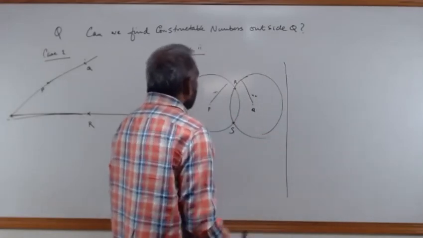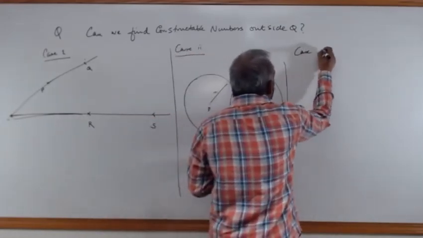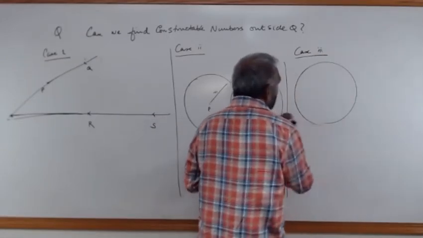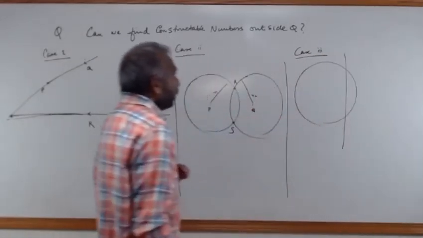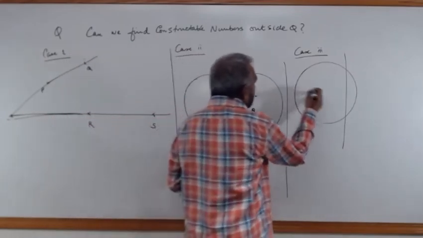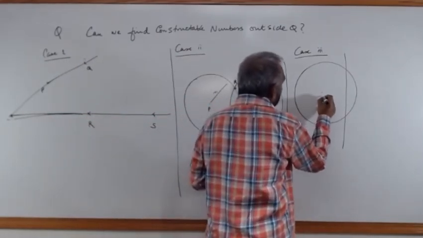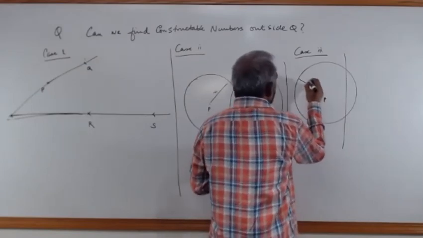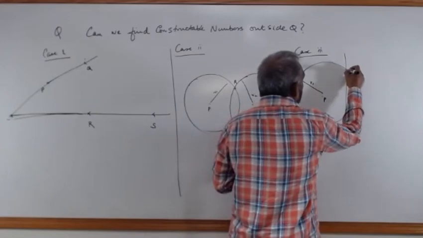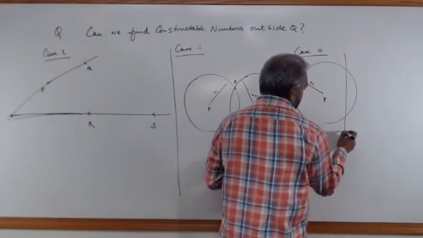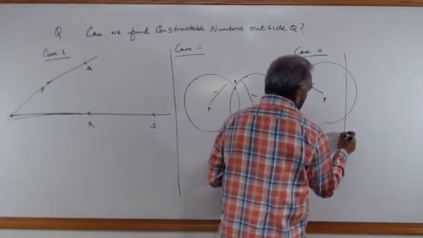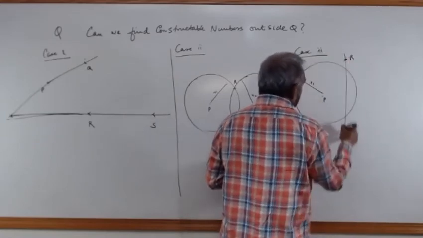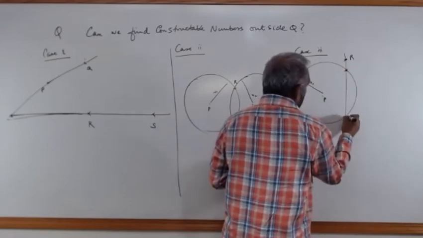And case 3, we draw a circle, this is P and R1, and you can draw a line, let's say you know these two points, R and S, and you join and it cuts in maximum 2 points.